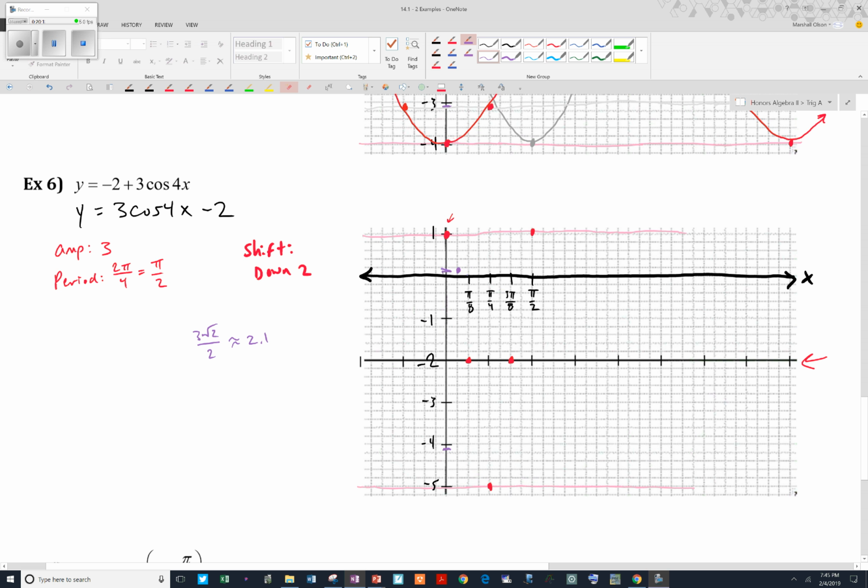It'll be right there. And I'm going to have another point right there and right there, coming back up from that minimum. And my last square root of 2 over 2 point is going to be about right there. And then I'm just going to try to make this look as nice as I can at the points that I have.